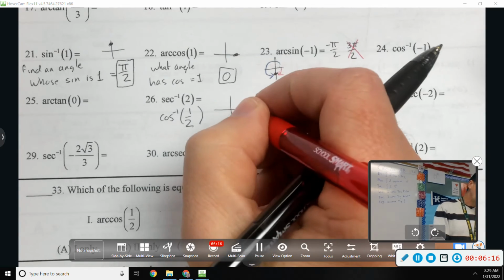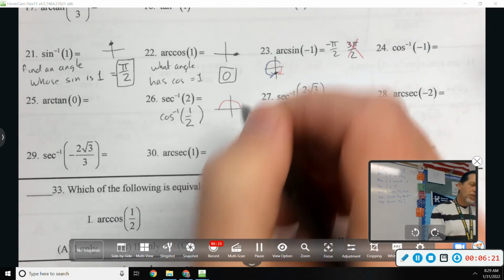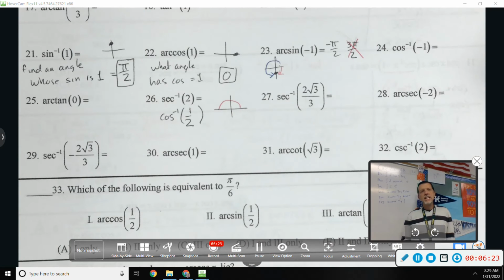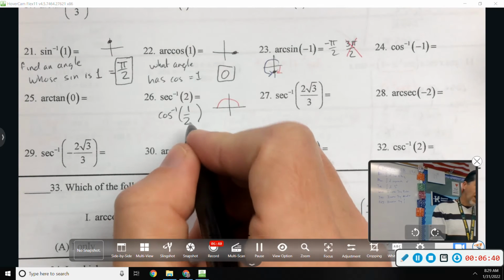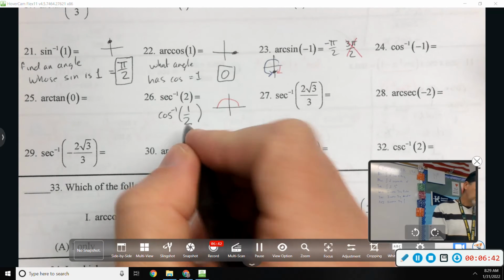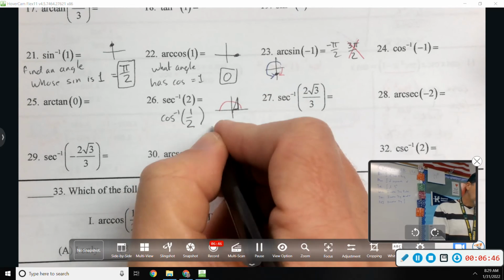Cosine has to come from first or second quadrant. Cosine's positive in the first quadrant. Cosine is equal to 1/2. It's probably going to be there. So is it over 3 or over 6? I know it's not over 4. That's root 2 over 2. Cosine is the x-coordinate. So I want the x-coordinate to be short and the y-coordinate to be long. So pi over 3.